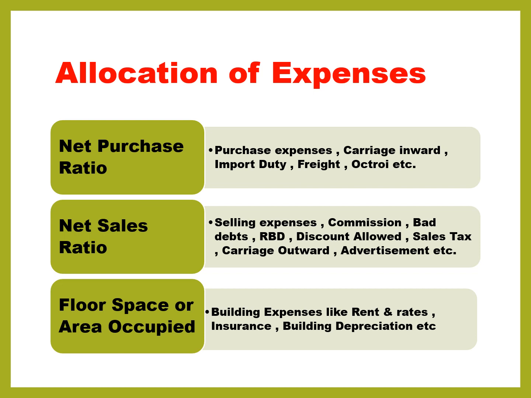Department B occupies 500 square feet. So the ratio will be 4:5. So on the basis of area occupied or square feet, floor space, you distribute expenses of building.